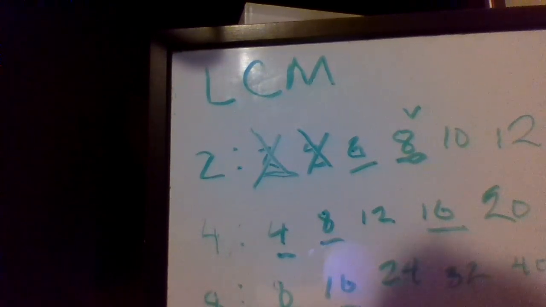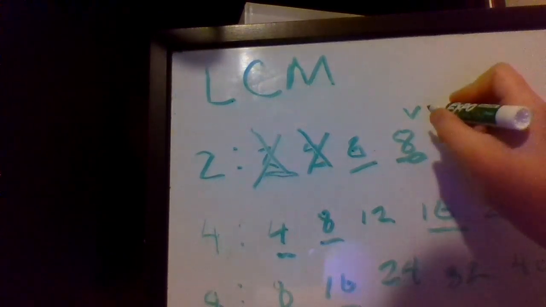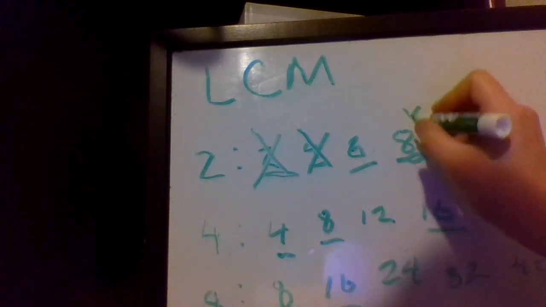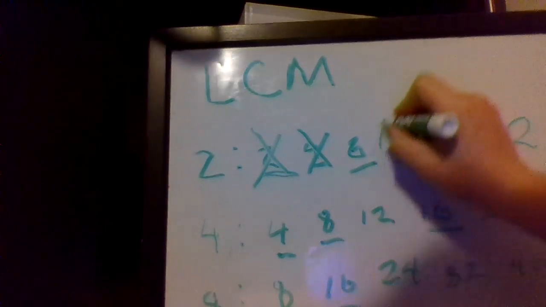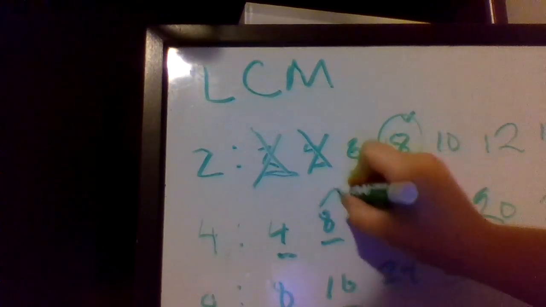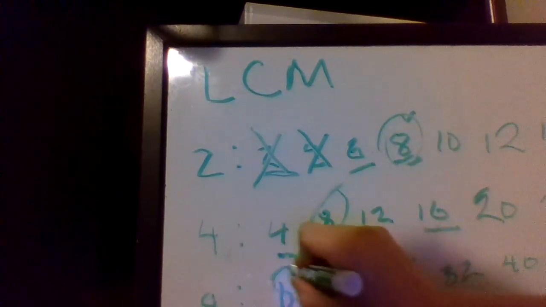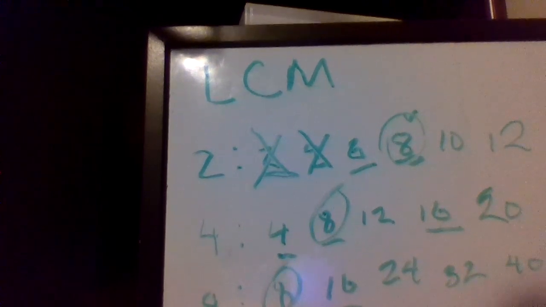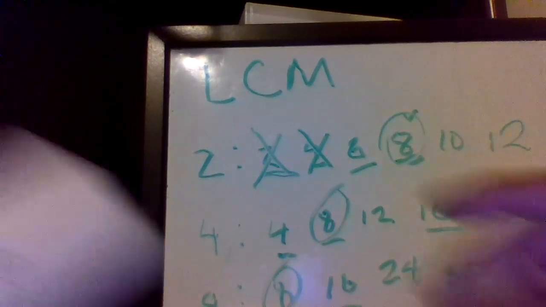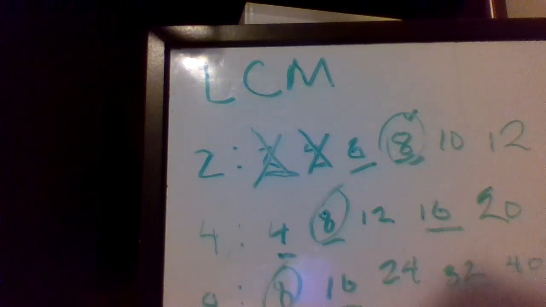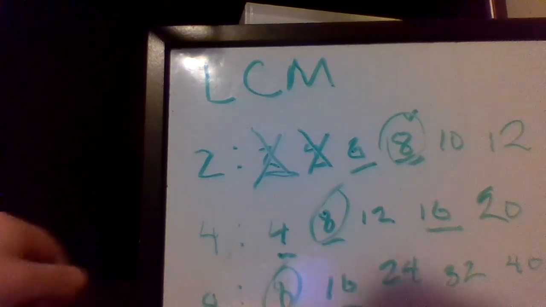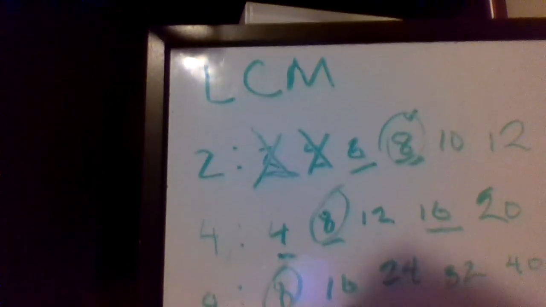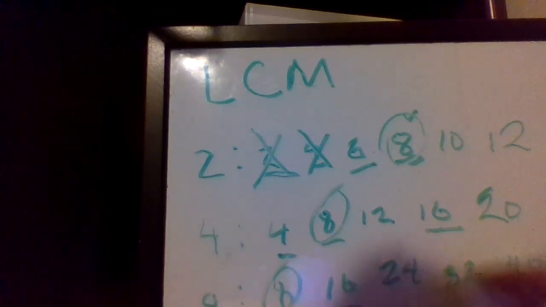We've got that in common, but we've got one that's less or least, and that's 8. So 8 is our least common multiple, or our LCM. And later we'll look and see why that's important. But right now I just want to show you how to find the LCM. So that's our first example, and that's a pretty straightforward example.